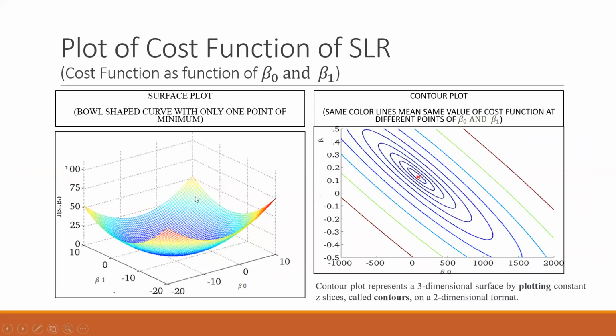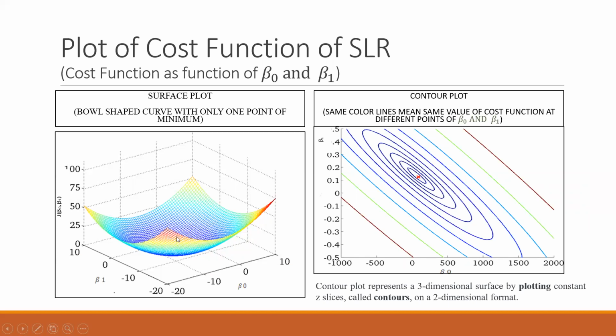we can say that this bowl shape in 3D will look something like this, right? And if you plot this left hand side figure in 2D, you will be able to see that it will be something like this on the right. Every time you go outward from the center, the elliptical shape will come up.